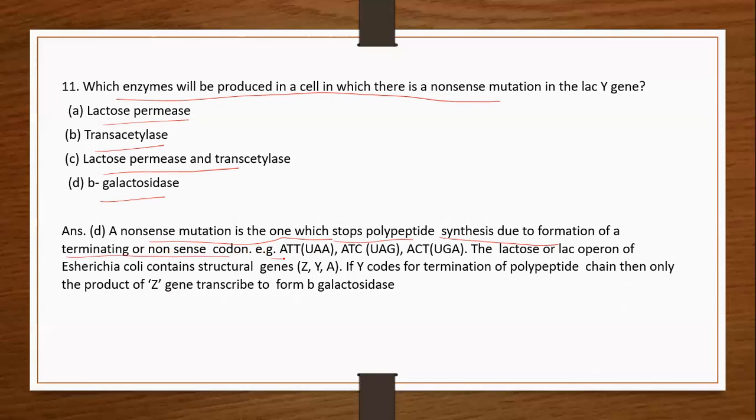These terminating codons are UAA, UAG, and UGA. Now, the lactose or lac operon of E. coli has structural genes Z, Y, and A. If Y codes for termination of the polypeptide chain, then only the product of Z gene will be transcribed to form beta-galactosidase. So option D, that is beta-galactosidase, is the correct answer.